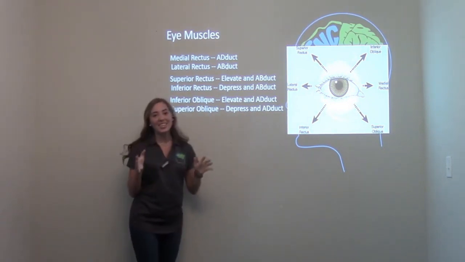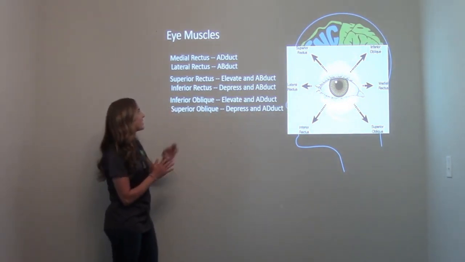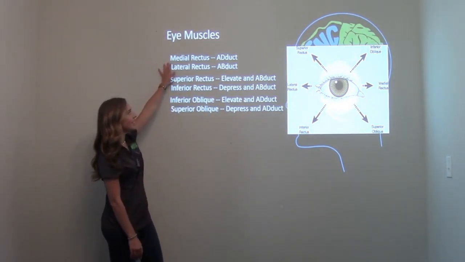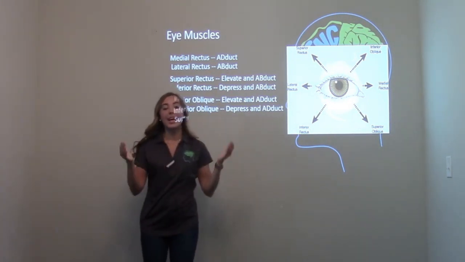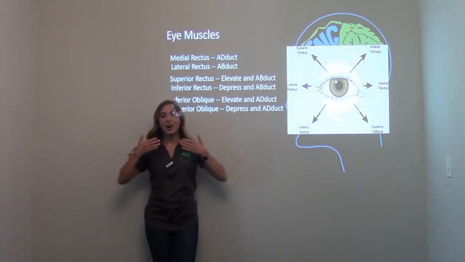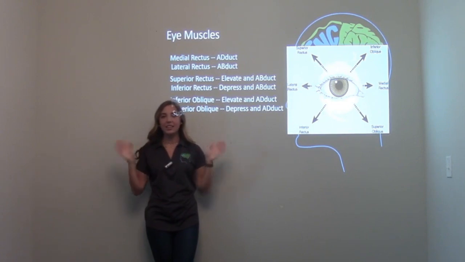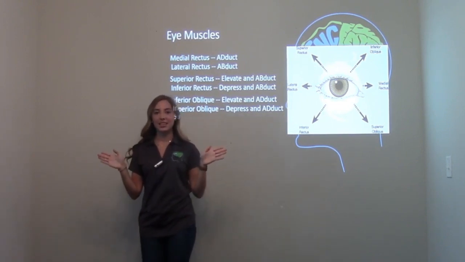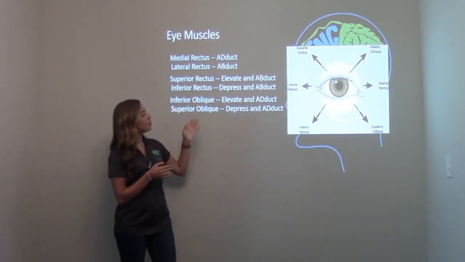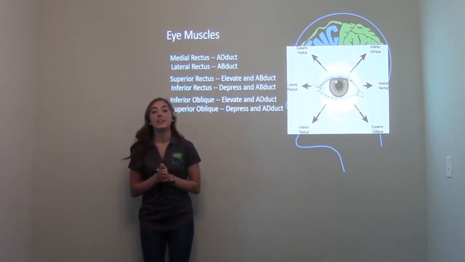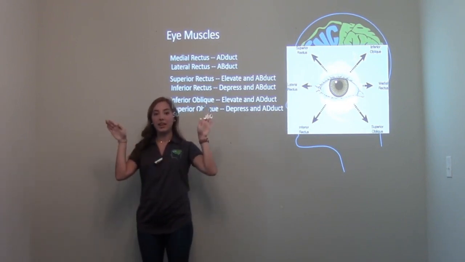So here are the answers. So we have 6 eye muscles. Our medial rectus is responsible for adducting the eye. Our lateral rectus on each eye is responsible for abducting the eye. Our superior rectus is responsible for elevating our eyes in abduction.